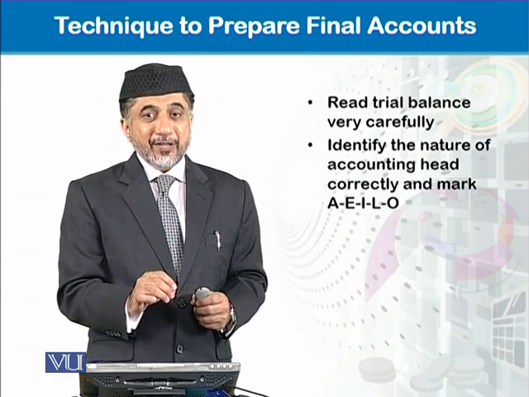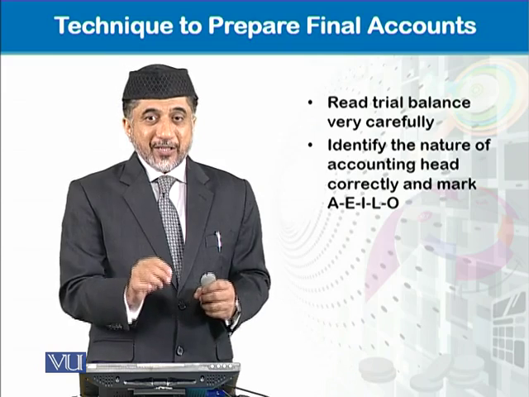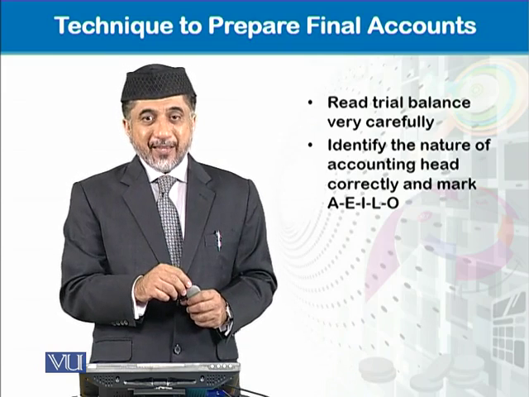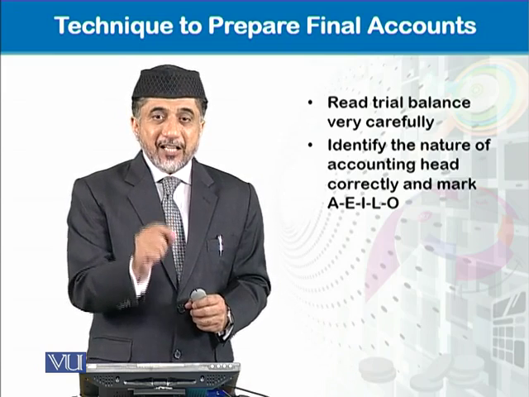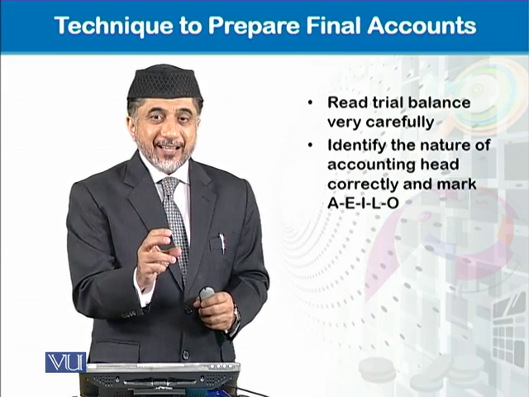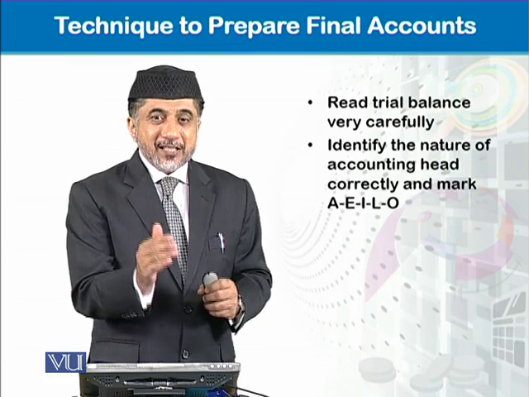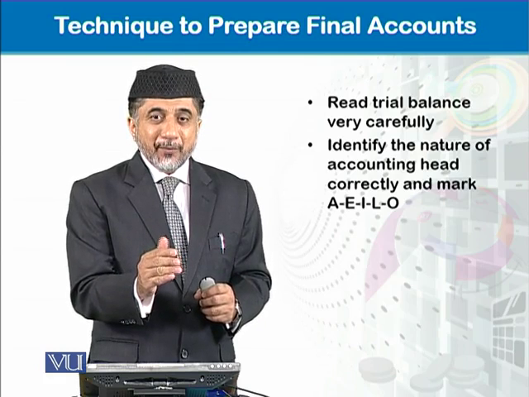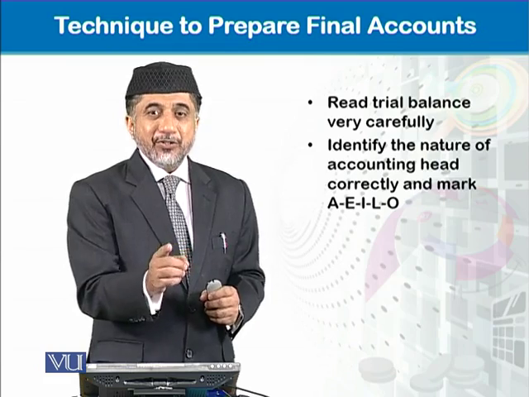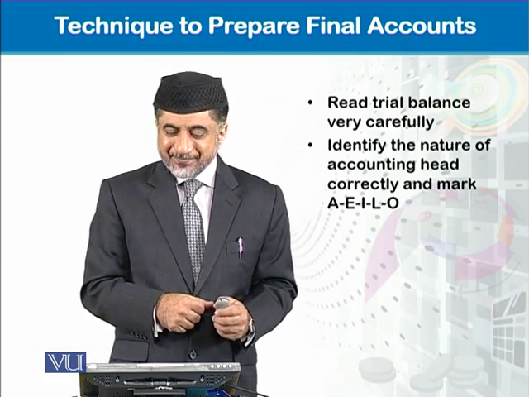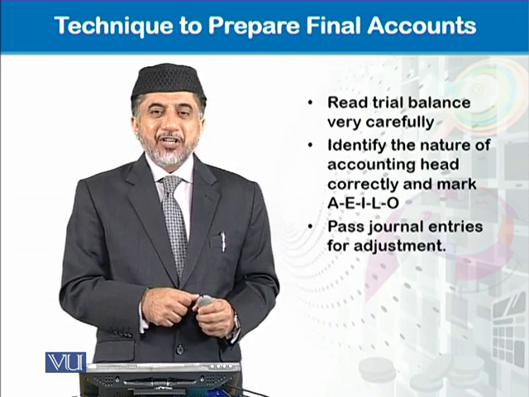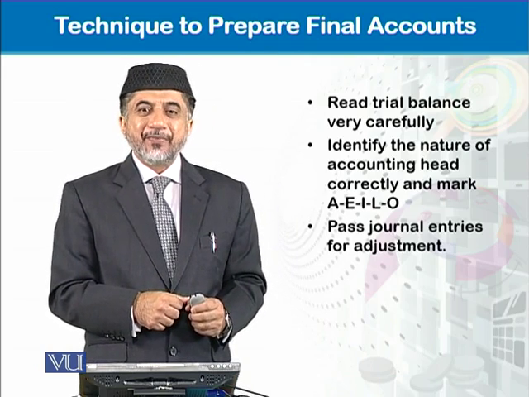It will give you confidence that you know what is in the trial balance. Okay. If you have rightly identified these AILO things, then there will be fewer chances of mistakes in preparing your income statement and balance sheet. Okay. Good tip.